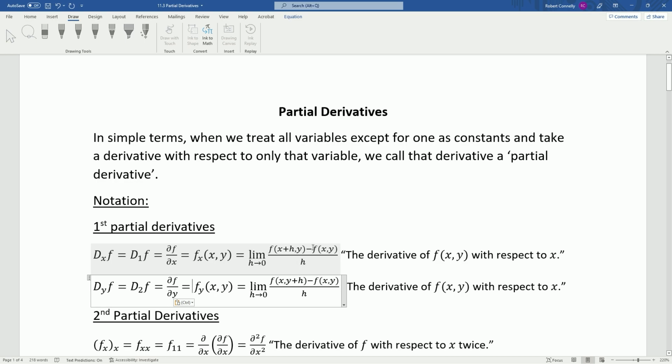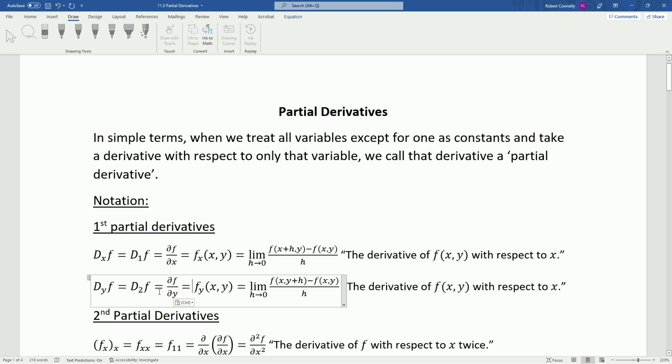So it should make sense that we said in this simple term segment here that we treat the other variables as constants because when we look at this derivative formula, the y coordinate isn't changing here. The only thing that's changing is the x coordinate.